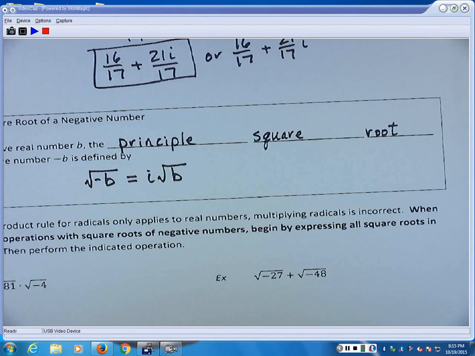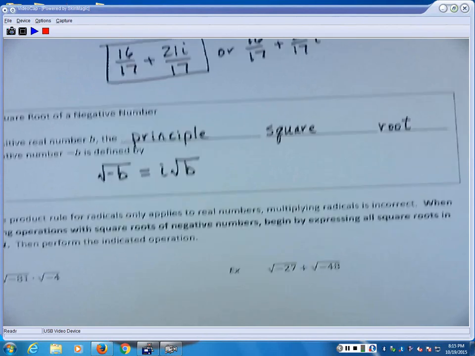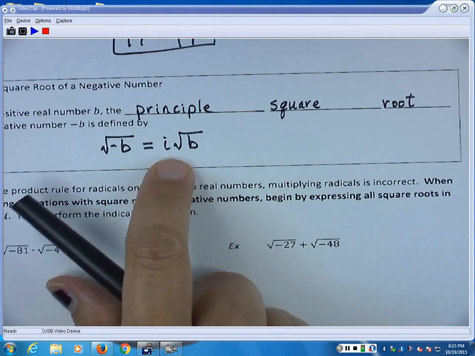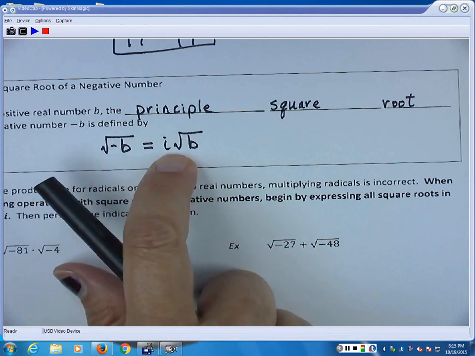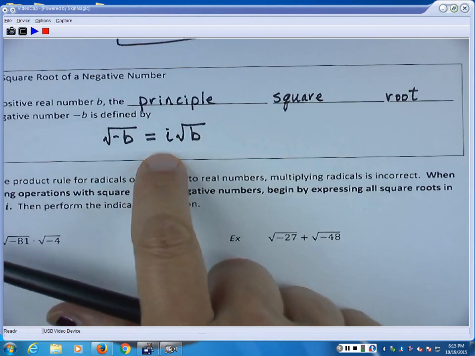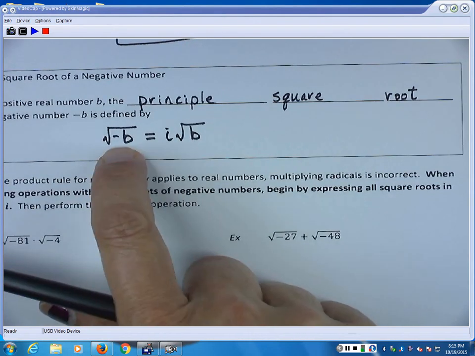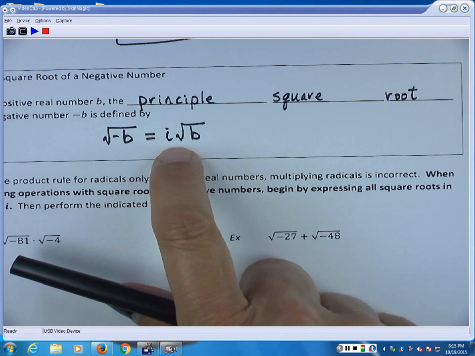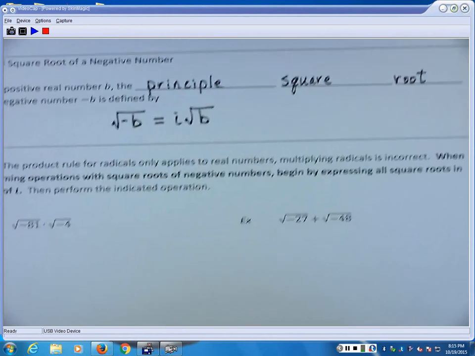Okay? So we define the square root of negative b as i times the square root of b. Remember when we were doing regular square roots, if you had the square root of b, it was just a positive number. But this is what we're going to do when we take the square root of a negative number. We replace that with i times the square root of b.